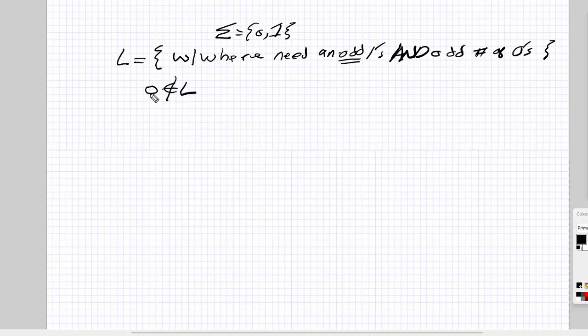0 by itself is not accepted because there's only one 0, but there are no ones. We need both of them. 1 by itself is not accepted because we don't have a 0 with it.